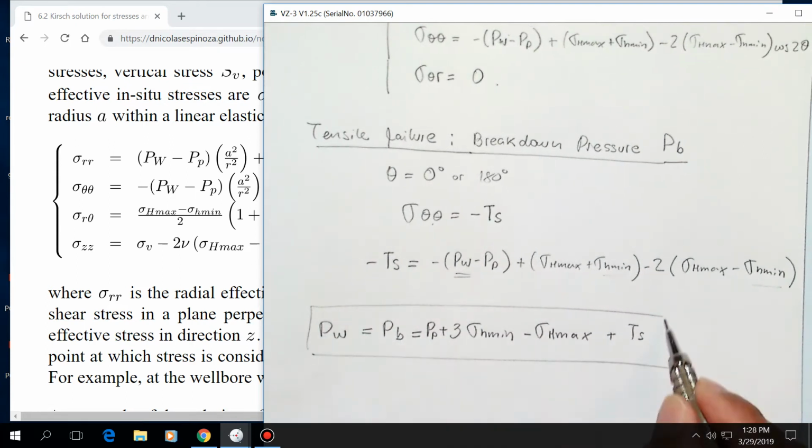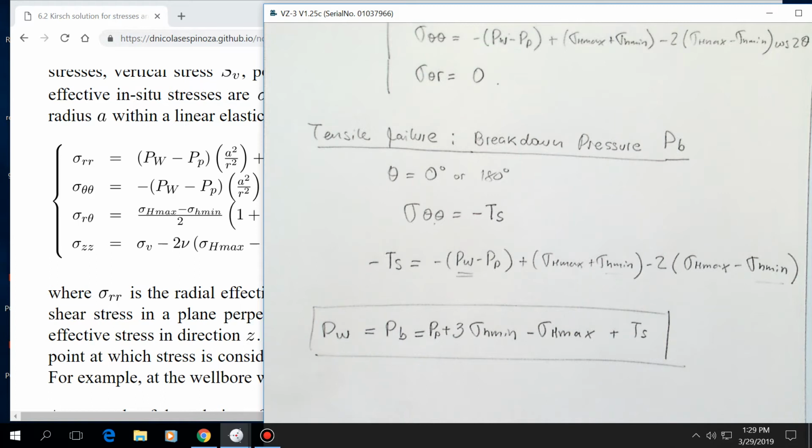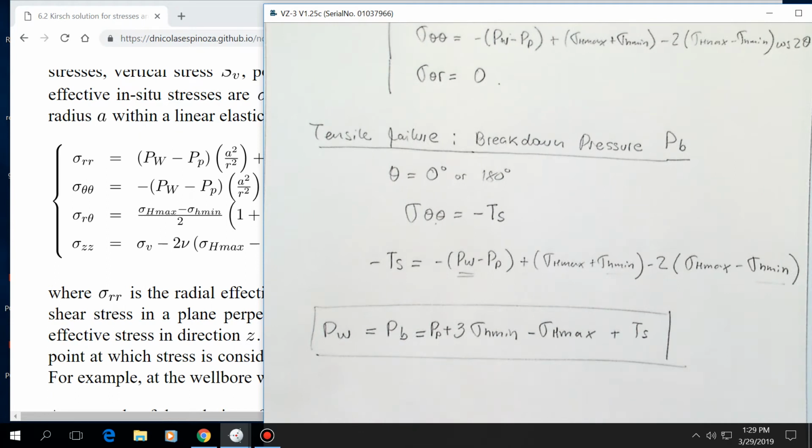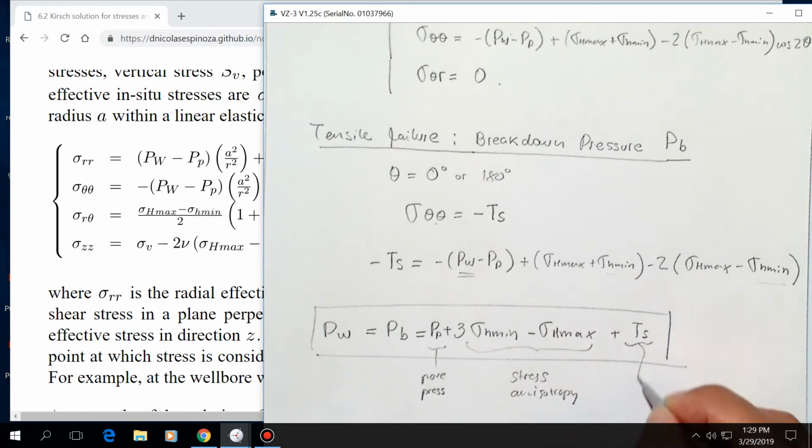Just this equation. So this equation is telling you that the maximum pressure that you can put in the wellbore depends on the pore pressure, depends on the stress anisotropy, and also depends on the tensile strength of the rock, which makes a lot of sense, right?